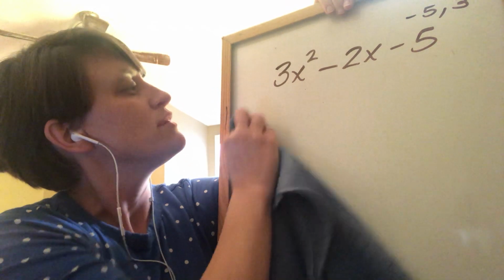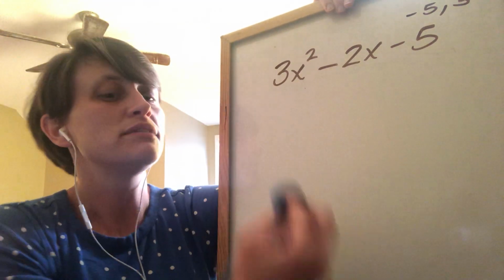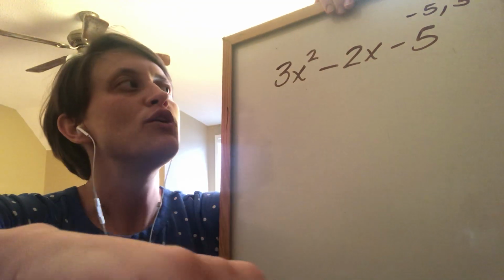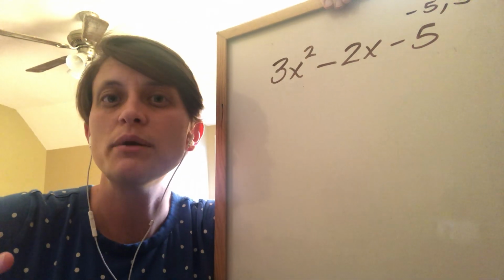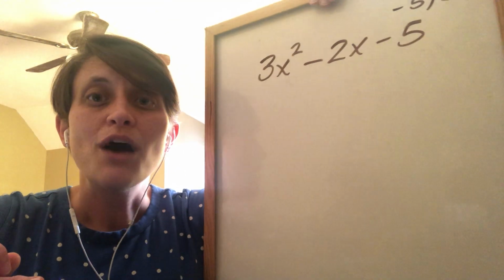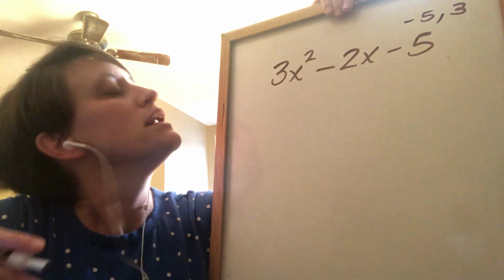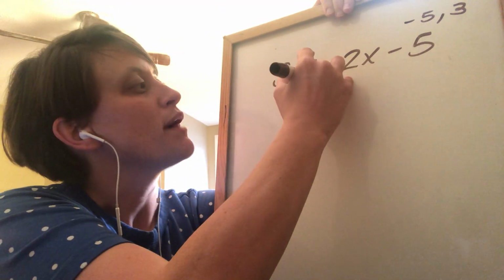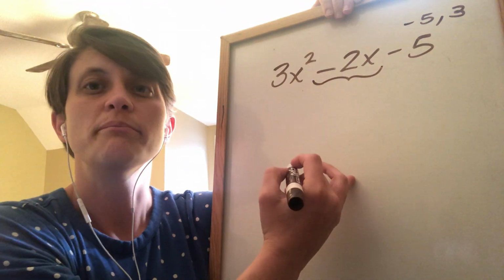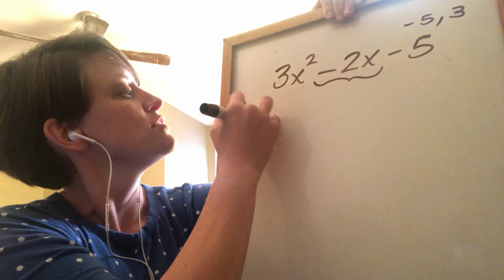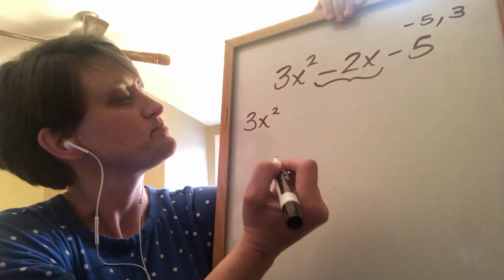Now, once we found those two numbers back when our leading coefficient was 1, those were the two numbers in our factorization and we were done. That's not how we're going to use them this time. What we're going to do is use them to break up the middle term. So this first term is going to stay exactly the same.